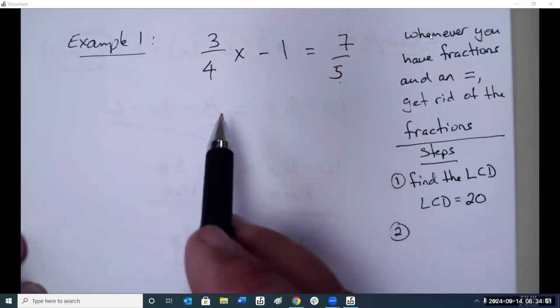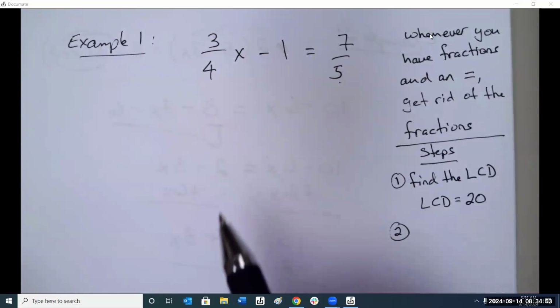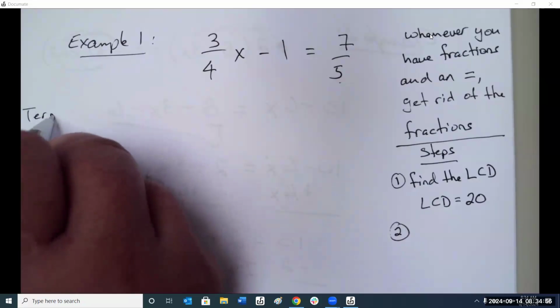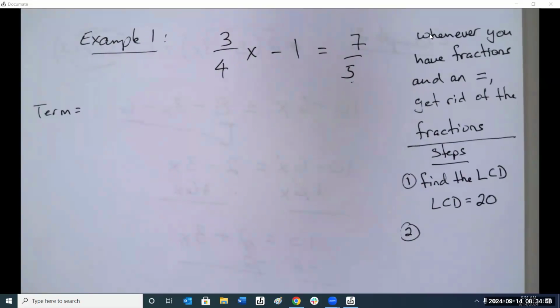Second step. How many terms do we have in our equation? Well, first off, what is a term? We hear the word a lot in math.